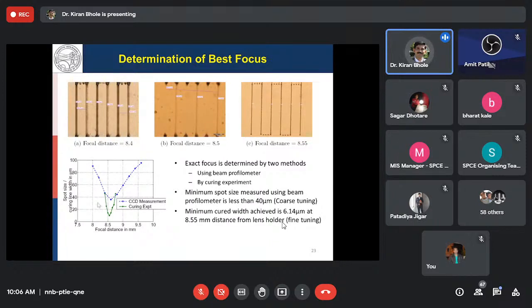Around that focusing distance the line is scanned, and for the line scan data we obtain the width of the line from the optical microscope to determine the exact focus. Newport gives the focus from their data sheet, but there may be some kind of error in the application when we put the lens into the system. So we have to reconfirm the best focus point.